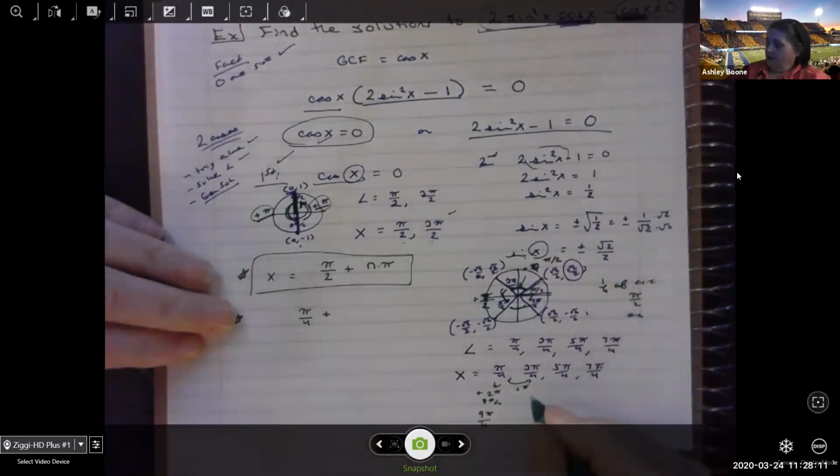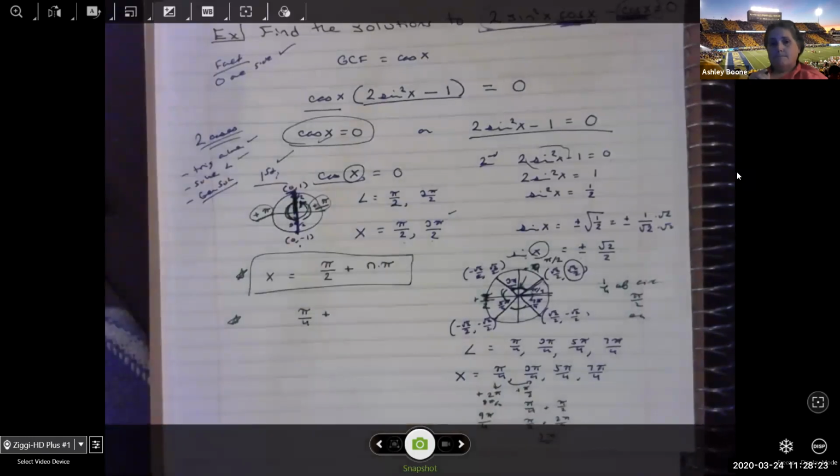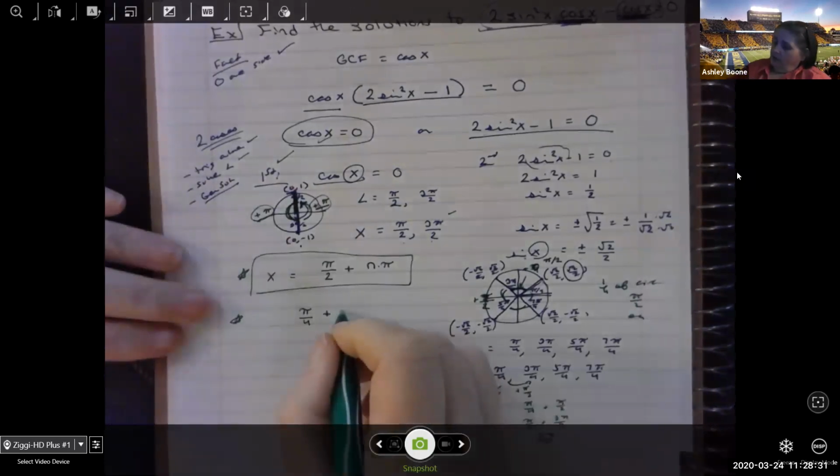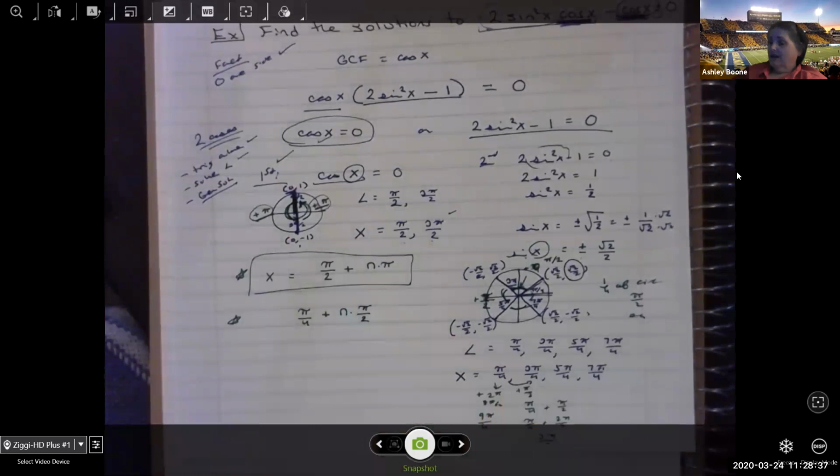Equidistant. Notice if I went up by pi over 2, pi over 4 plus pi over 2 is pi over 4 plus 2 pi over 4. That's 3 pi over 4. Okay? So if we started with pi over 4 and we increased by multiples of pi over 2, we're going to end up at our next angles.